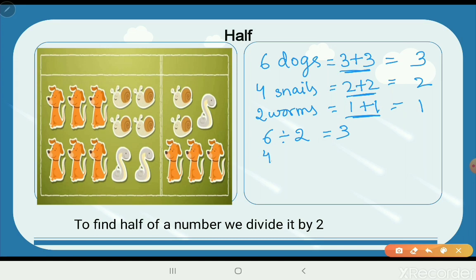If I divide 4 by 2, what is my answer? 2. If I divide 2 by 2, what is my answer? 1. These answers are similar to what I am getting here, isn't it? So we can come to the conclusion that if we want to find half of a number, we simply have to divide it by 2 to get the answer. That is, we are splitting it into 2 equal parts.